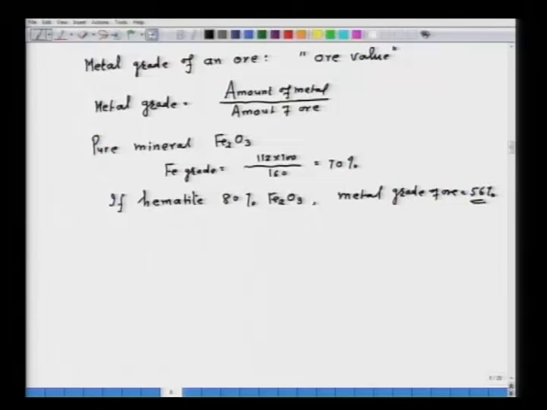Now, let me give another example. Let us consider a mineral for copper, which is CuFeS2. Let us find out the copper grade.